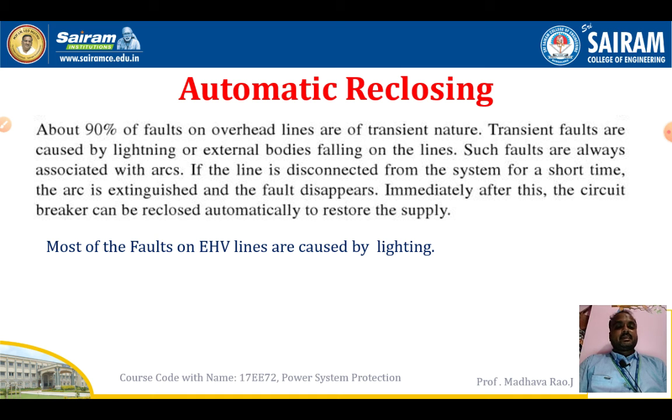That is a transient nature. Transient faults are caused by lightning and external bodies falling on the lines. Such faults are always associated with arcs.